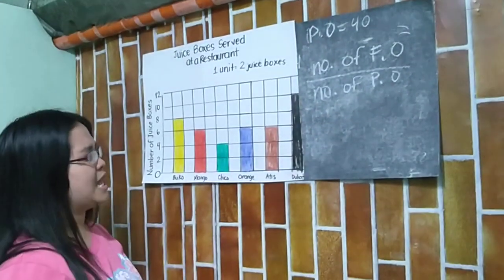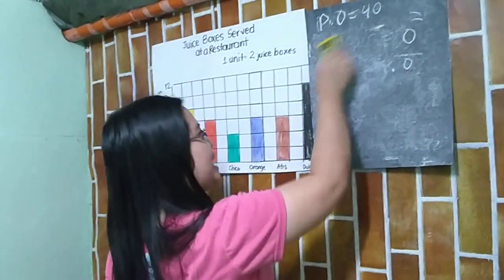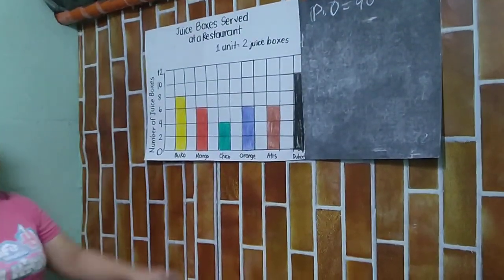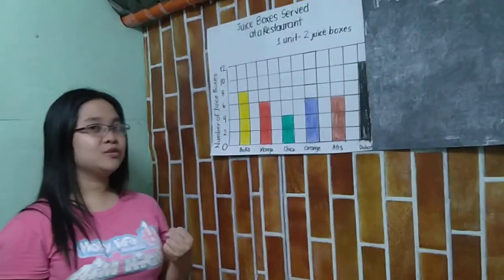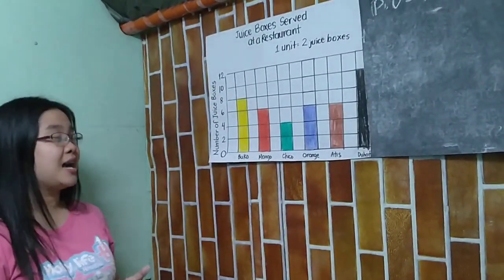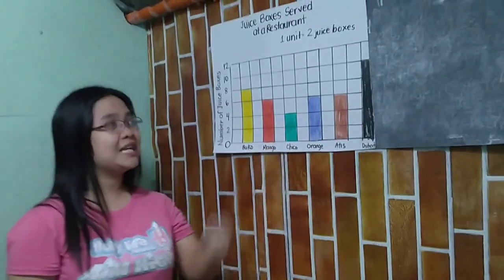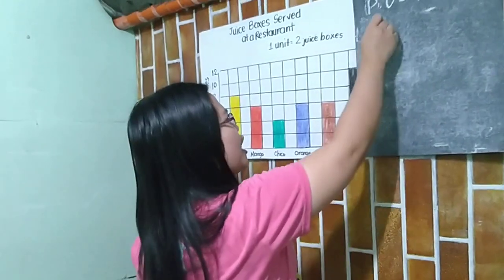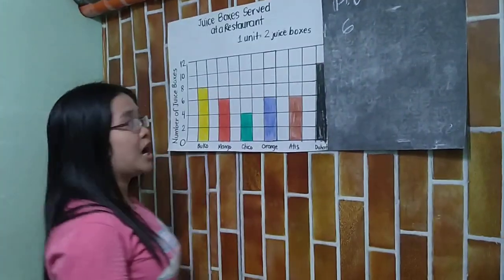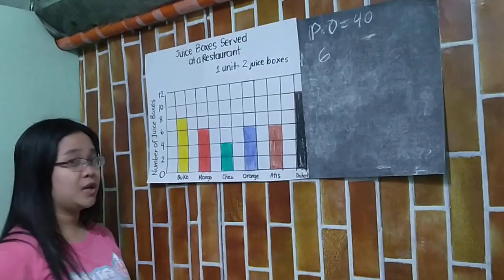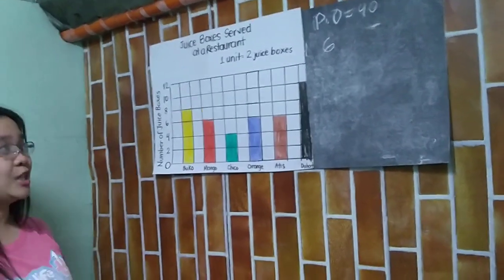Okay? So now, let's have an additional question. What if the orange juice increases by 6? Again, what if the orange juice increases by 6? Do you think our possible outcome and the favorable outcome for the orange juice will change? Yes, it will.